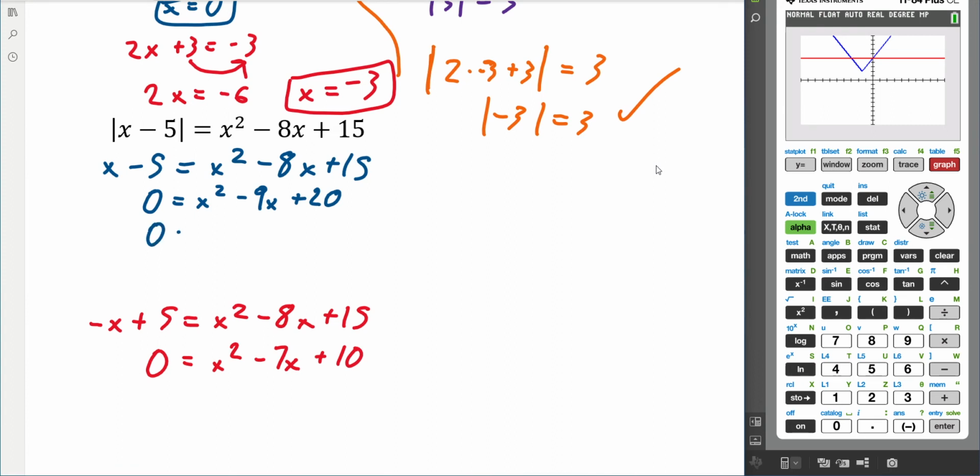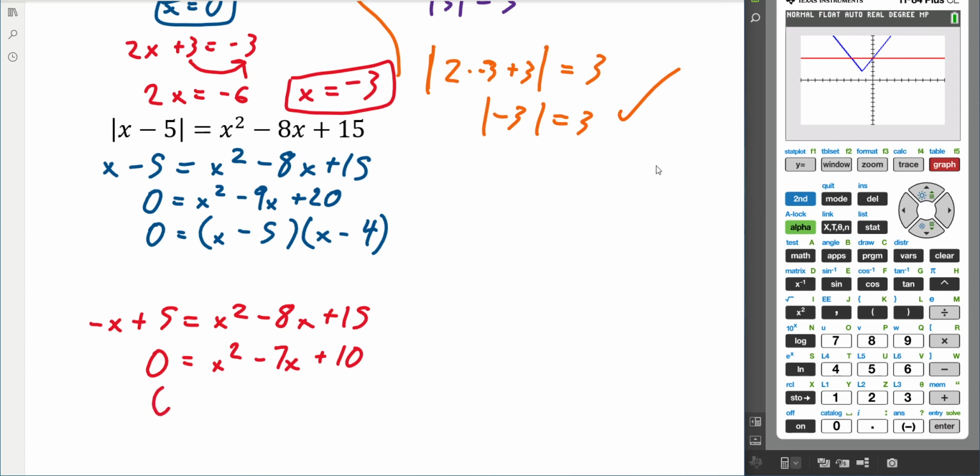So now we can use PSA, product sum answer. So we'll just put these brackets in place. Two things have to multiply to get 20. So 5 and 4 work. And then both of them are negative, because the sum has to be negative 9.